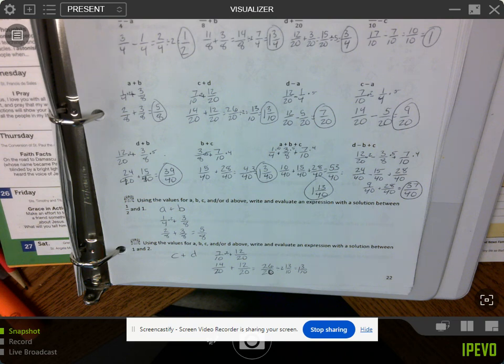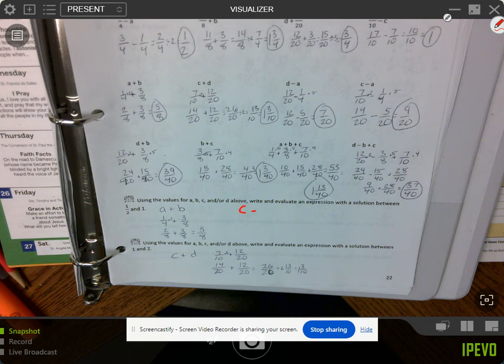Come in. Actually, I do have a question. Yes. So 7/10 minus 12/20. So which one are you going for? Between 1/2 and 1 or between 1 and 2? Half and 1. Okay, so which variables did you have?